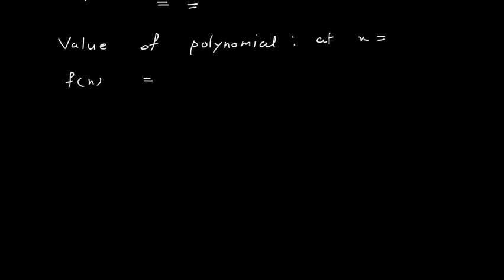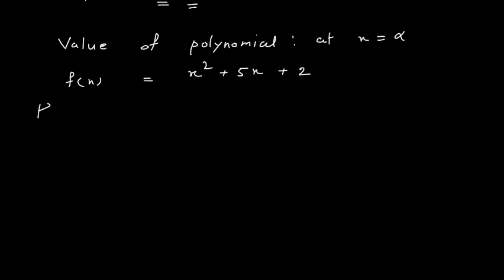Now let us understand value of a polynomial. What is value of a polynomial? So say fx is given, and I want the value of the polynomial at say x is equal to alpha. Suppose fx is x square plus 5x plus 2.